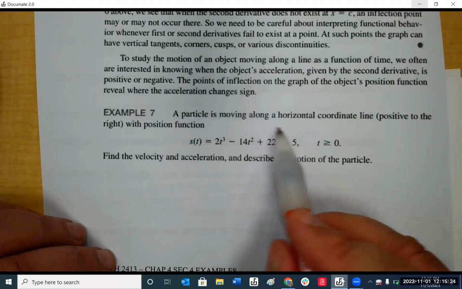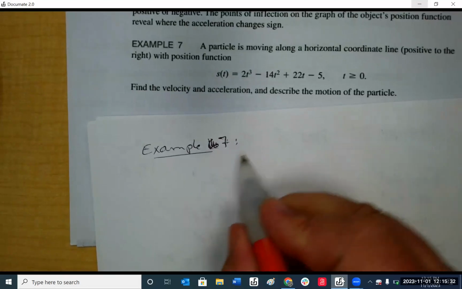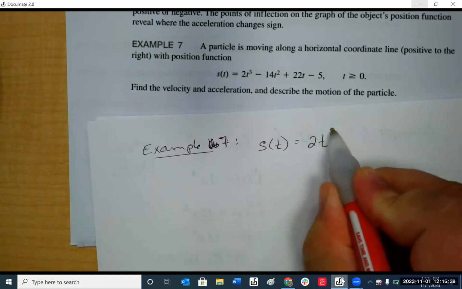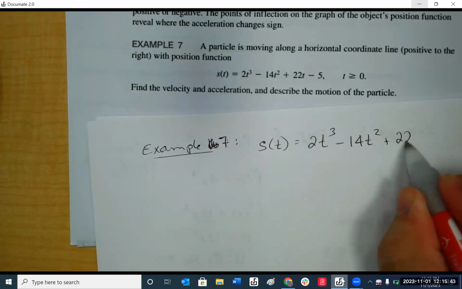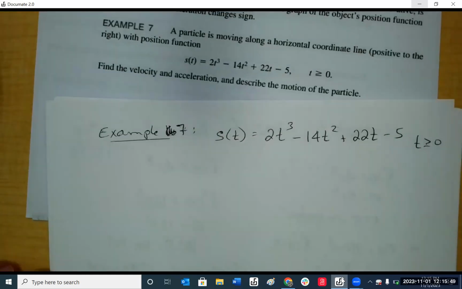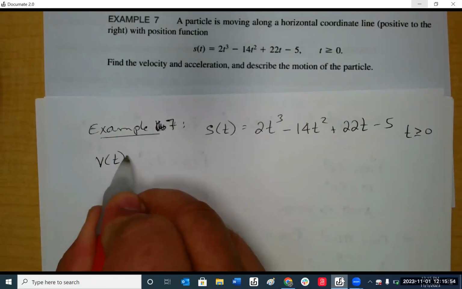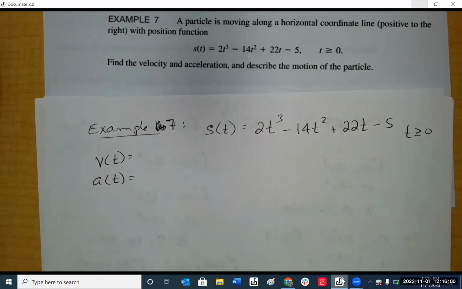A particle is moving along a horizontal coordinate line, positive to the right, with position function 2t cubed minus 14t squared plus 22t minus 5 for all t greater than or equal to 0. Find the velocity and acceleration and describe the motion of the particle.